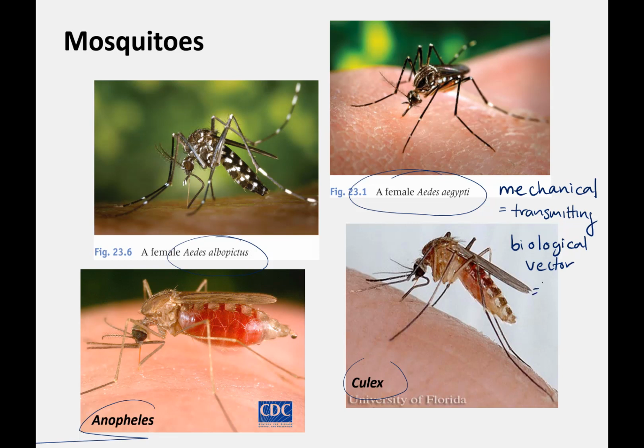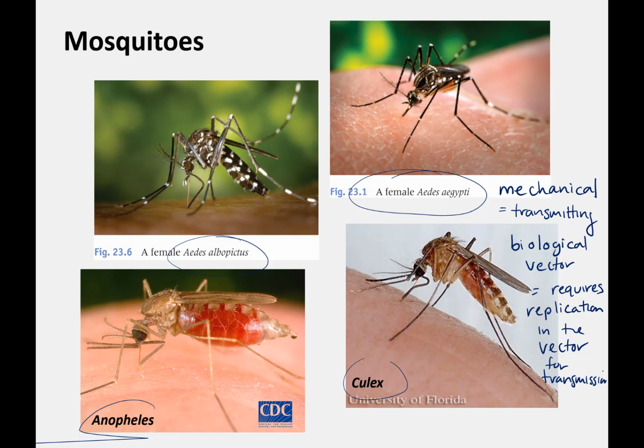And that's where there's actually a requirement for replication in the vector, so in the insect, for transmission.